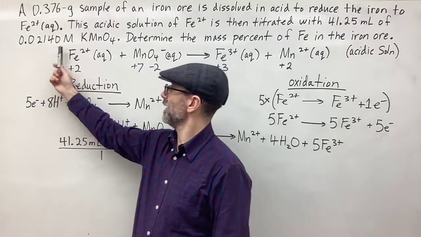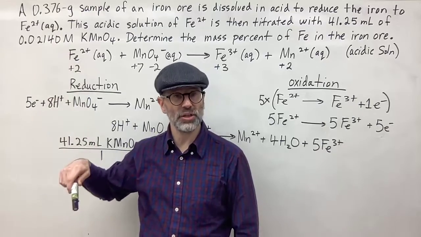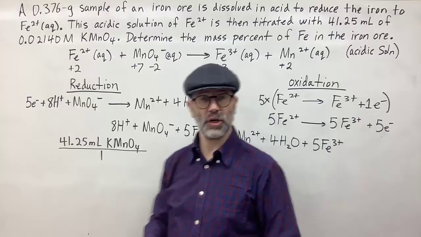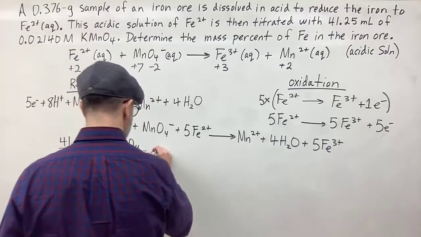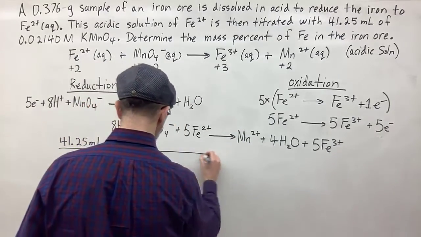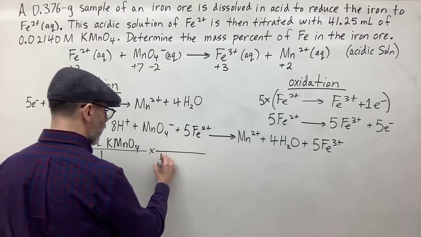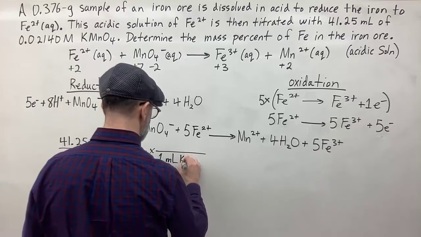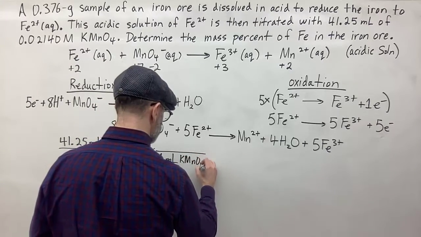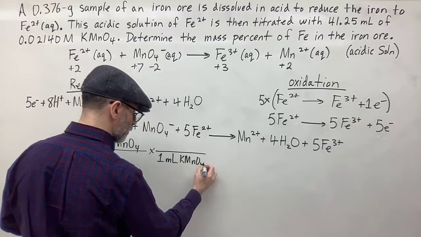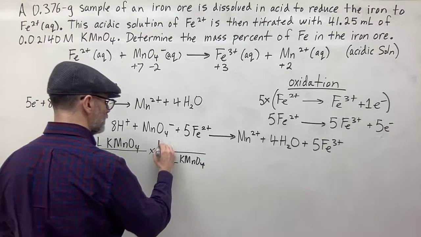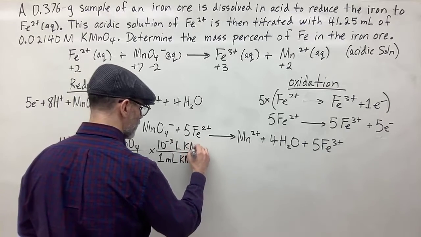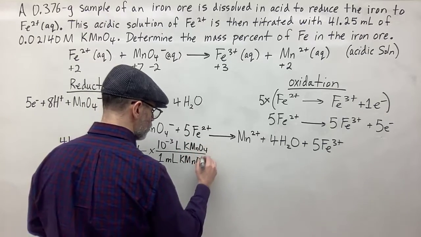So molarity is moles over liters. So I need to convert my milliliters to liters first. So I'm going to do that. I know that 1 milliliter of KMnO4 solution is equal to 10 to the negative 3 liters of the KMnO4 solution.